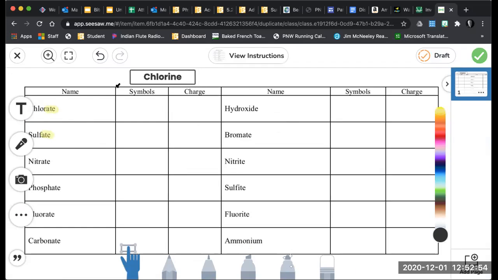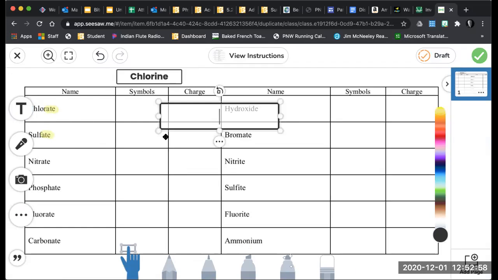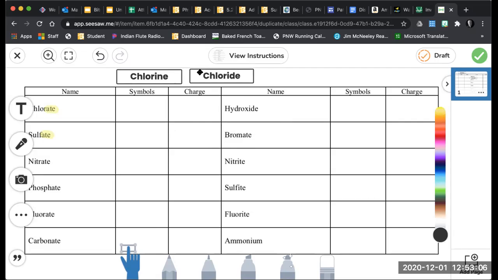We worked with the ion of chlorine, which you knew was chloride, IDE. Chloride is all by itself just the Cl. When we see the ATE ending, we know that the symbol is Cl, still chlorine, but the ATE means we put some oxygen on it.